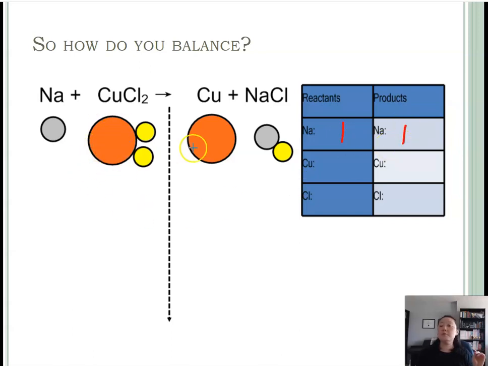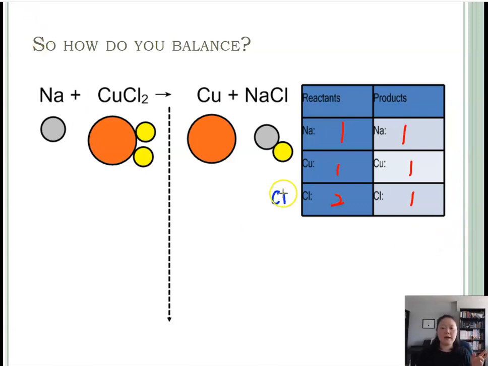For our coppers, you can also see that there is one on each side. And the chlorines was where there was an issue. So you had two chlorines on the left, but one chlorine on the right. So this is what we need to deal with to make sure that it does balance.